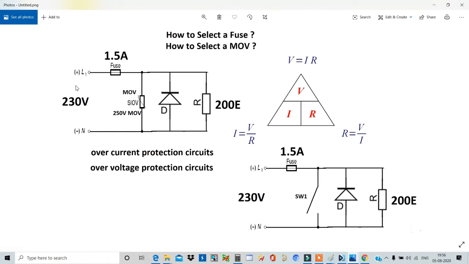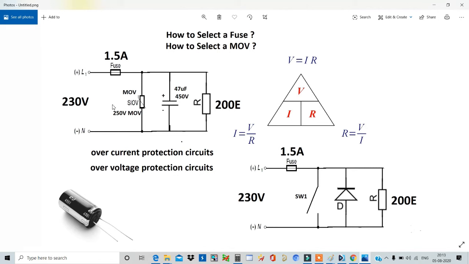Okay friends, so actually your circuit needs only 230 volts, but sometimes it comes from lightning and you get high voltage within a second. Okay friends, for example here 230 volts is there, and you have provided a 250 volt MOV across live and return.